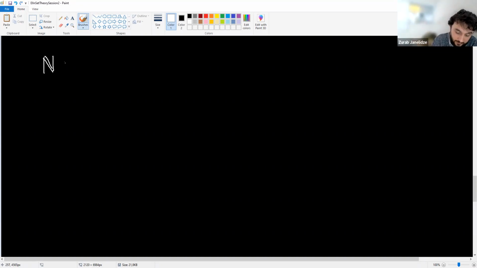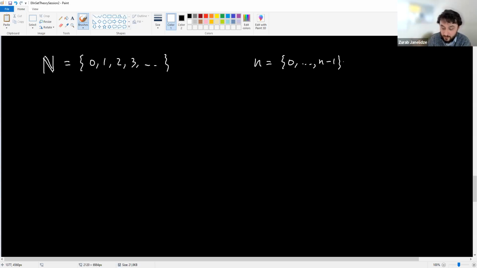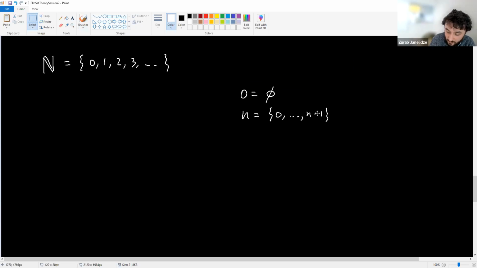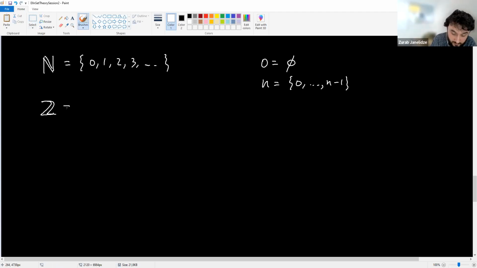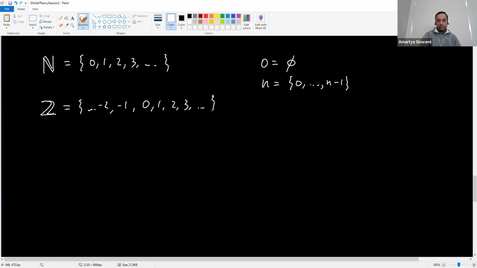If we take the set of natural numbers, which is the numbers 0, 1, 2, 3, and so on, and we want to represent these as sets, we already discussed last time how we could do this. We could do this recursively by representing every number as a set of previous numbers, where 0 will be the empty set, and then we'll build up all the numbers from there. And then we could take the set of integers, which is the set of these numbers along with negative numbers, and we can actually define what negative numbers are in terms of ordered pairs.